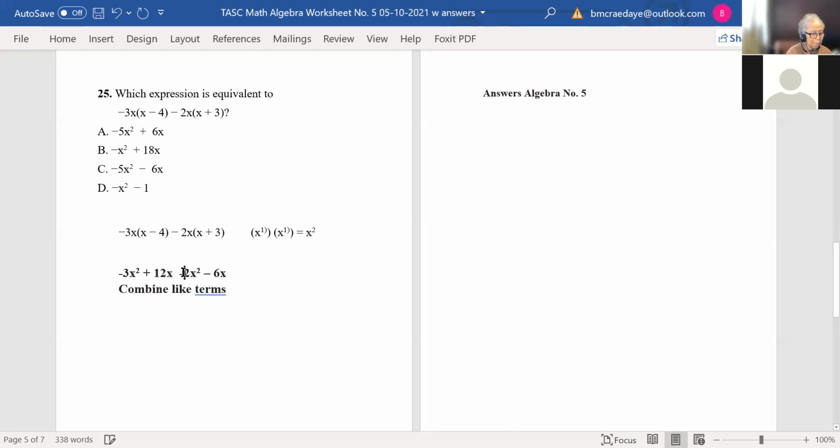Minus 2x to the power 2. And what does that give you? You only take the coefficients. What's a minus 3 and a minus 2? 5. Plus or minus? Nope. When you add minus, see, you're getting your multiplication mixed up with your addition.